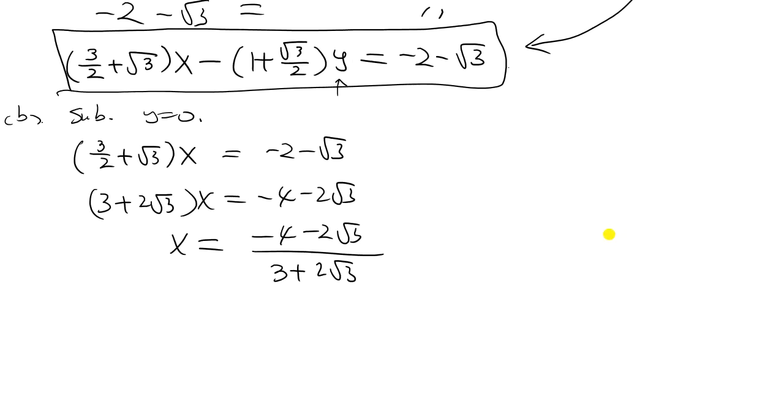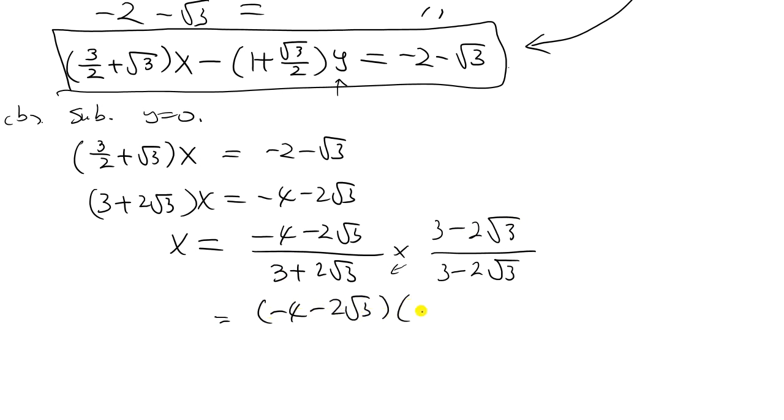And for a simpler version of it, we can rationalize the denominator, right? So we multiply the conjugate of the denominator at numerator and denominator together. So the numerator is (negative 4 minus 2 square root 3) times (3 minus 2 square root 3).